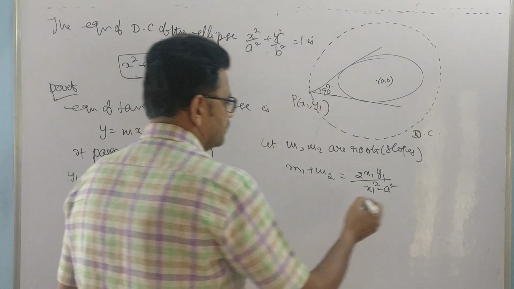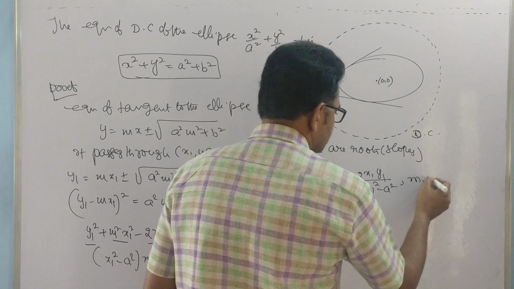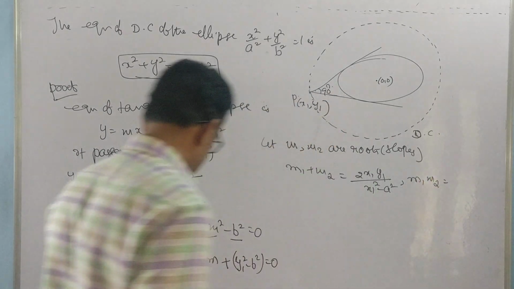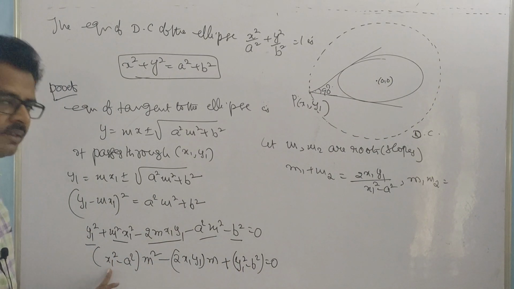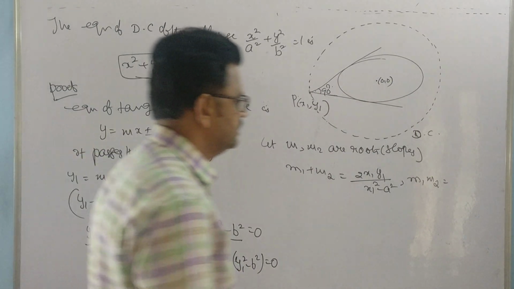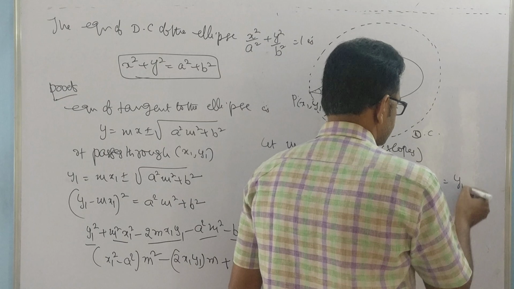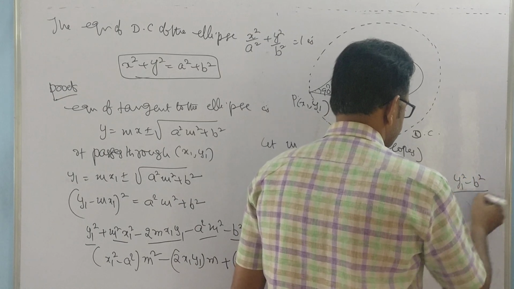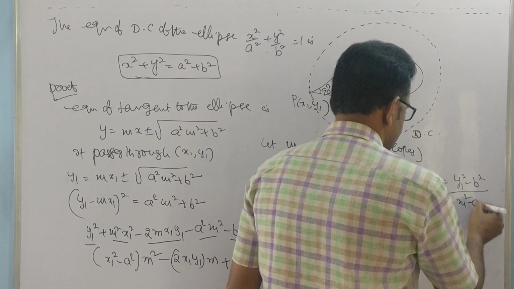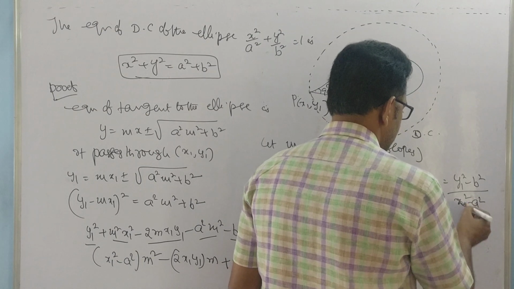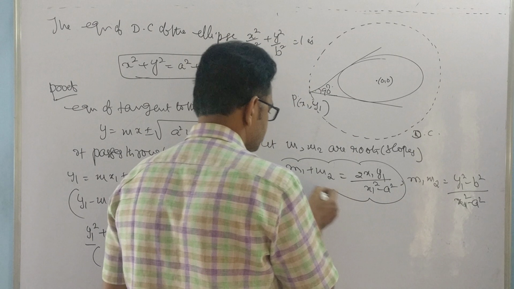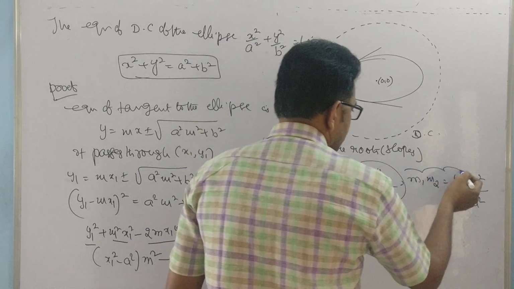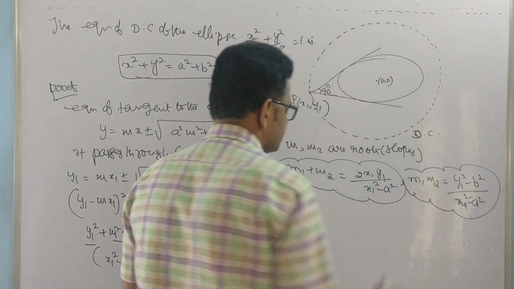And m1 m2 equal to c by a, which means y1 square minus b square by x1 square minus a square.